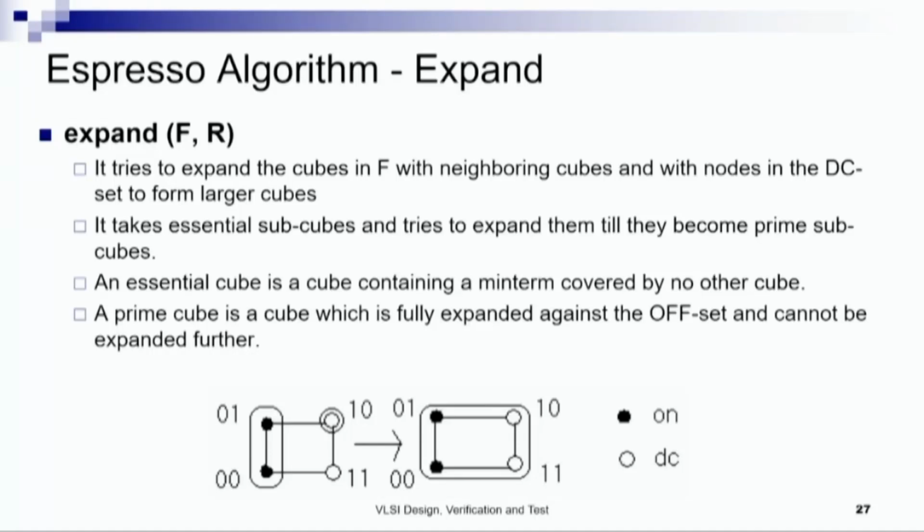Now, before looking at the espresso algorithm in detail, we first look at each of its functions. We said that the most important step in the espresso algorithm is a loop which goes on reducing, expanding and getting an irredundant cover.